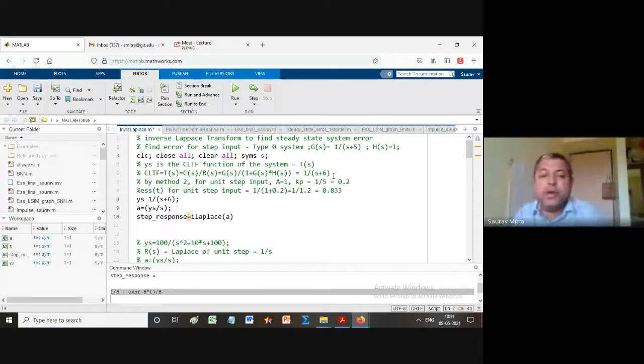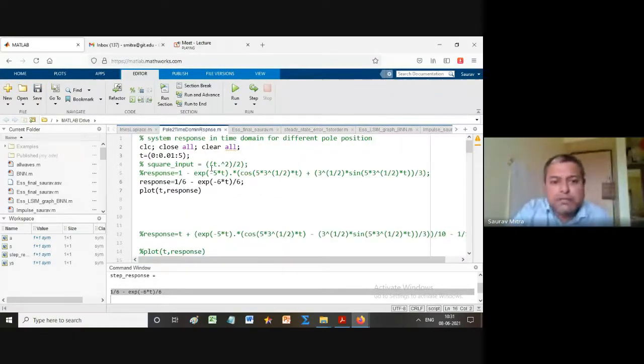So we have to see this 0.833. Graphically we have to see that this is 0.833. I will show you this. I could not do this last day because there were small things that I missed, and I did not tell you about steady state error and other things. Today we will see this. We have taken this response, 1 by 6 minus e raised to 6, all those things I have done.